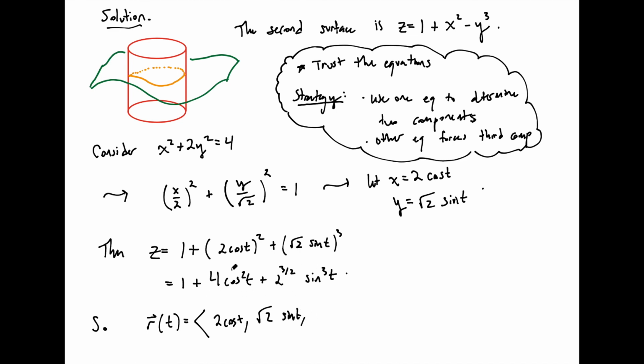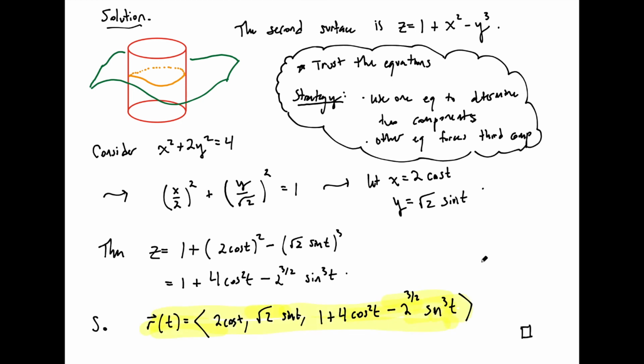And then the z component is right here, which was forced upon us by this other equation. So z is going to be 1 plus 4 cosine squared t. Whoops, this should be a minus. Sorry about that. Minus 2 to the 3 halves sine cubed of t. And there you go, we're done.